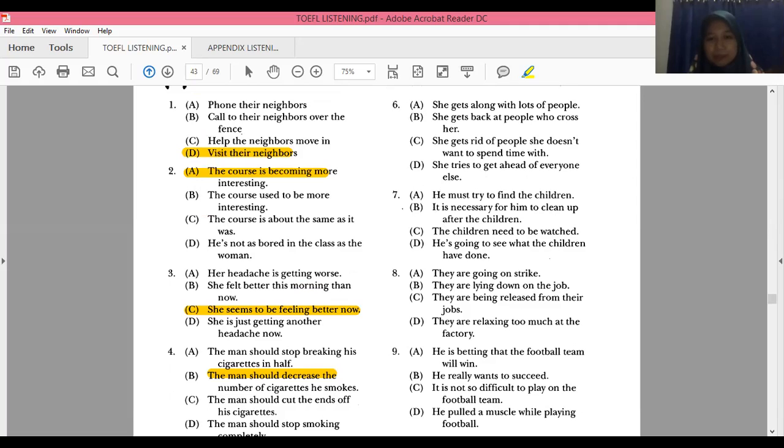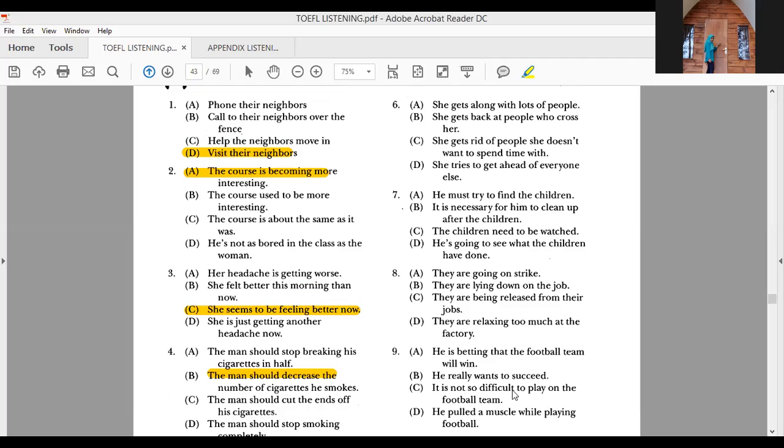Number 6 now, Miss Vivid. Number 6. I really like Marcia. Me too. She is just so friendly with everyone. What does the man say about Marcia? Your answer, Miss Vivid? Delta. Delta, she tries to get ahead. Kalau get ahead tadi, advance. Right.